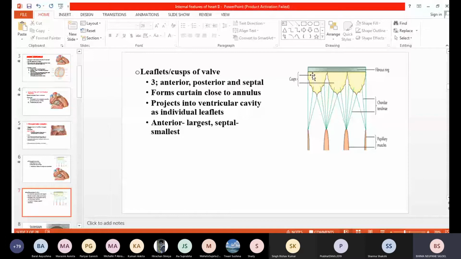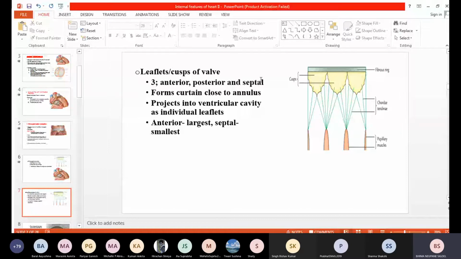According to the direction and attachment of the leaflet, they are named anterior, posterior facing inferiorly or towards the posterior side, and towards the interventricular septal side, the septal leaflet. Septal is not always present. In most cases, if you see the specimen, you will not get the septal leaflet.